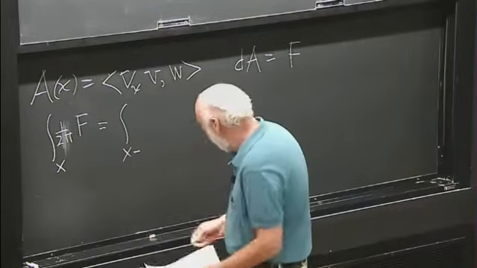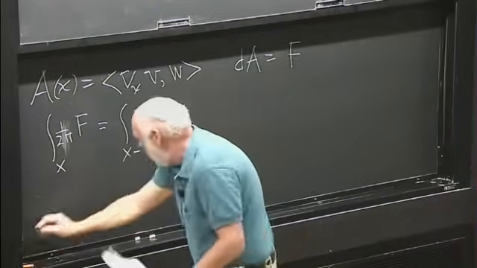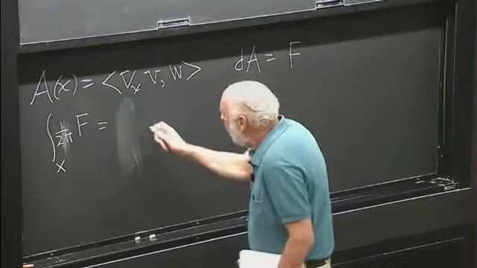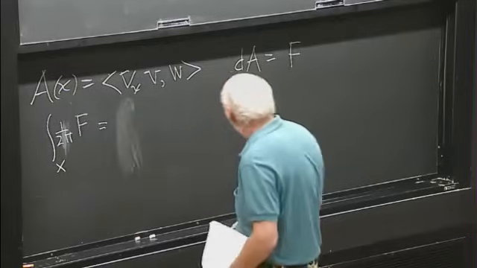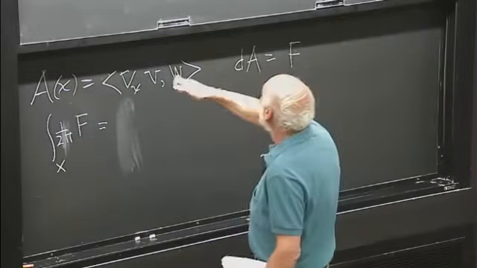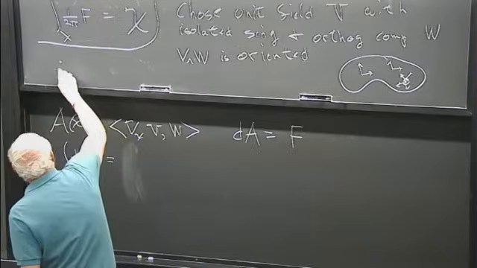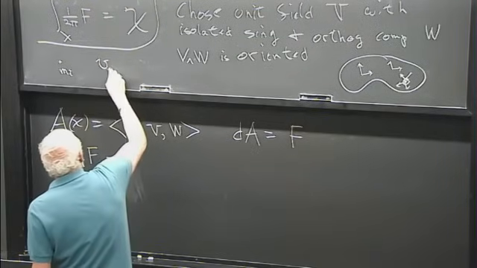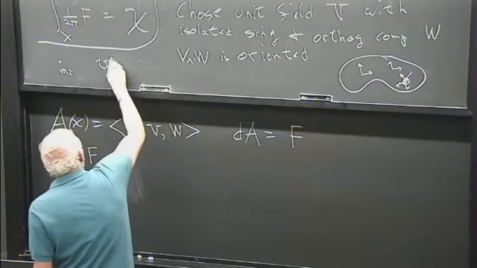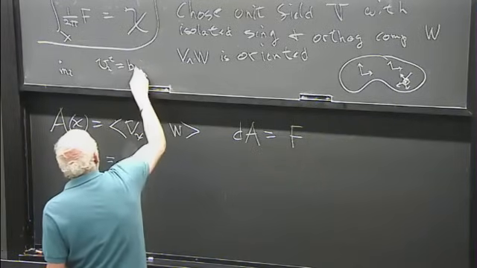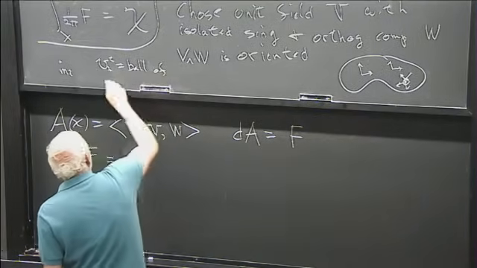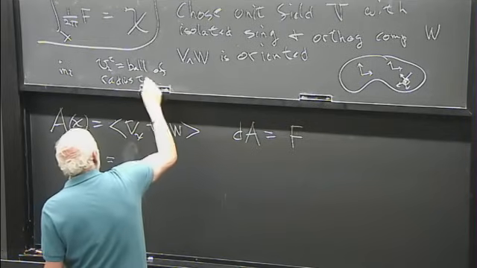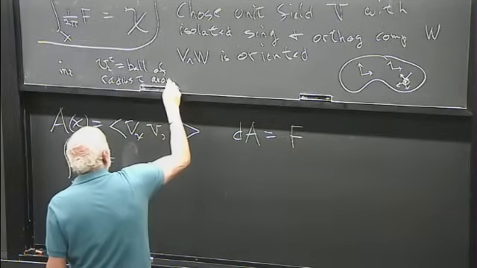Well, to do this, I'm going to excise the singularities. So here's a singularity, m_i, and I'm going to let U_i(t) equal the ball of radius t around m_i.